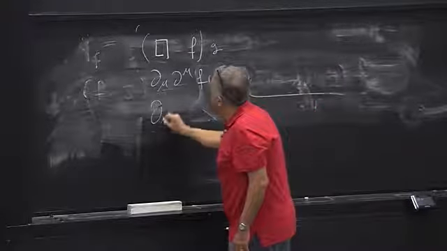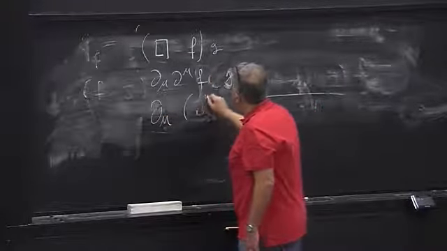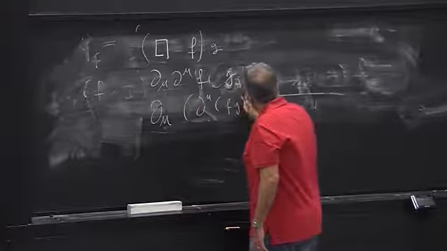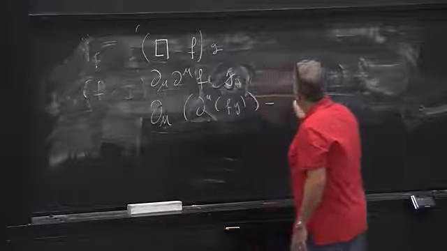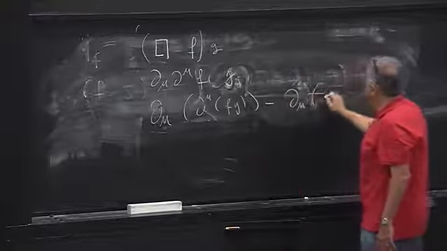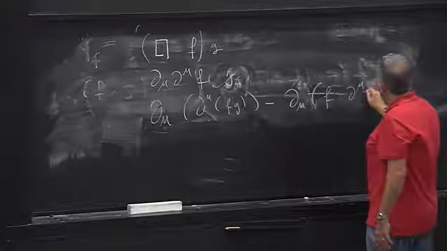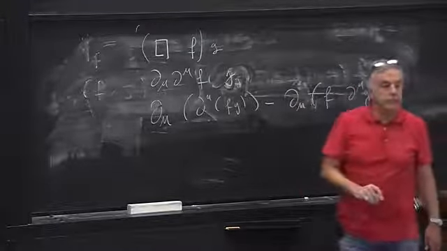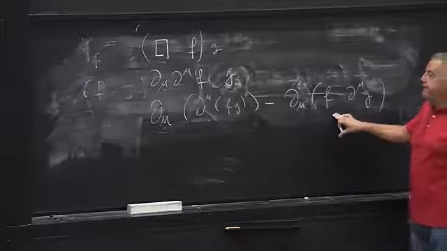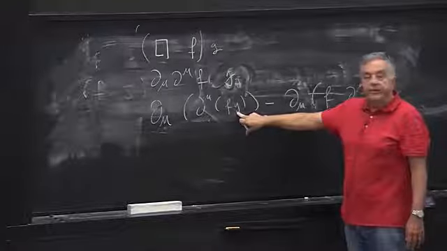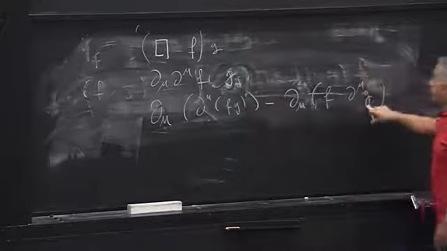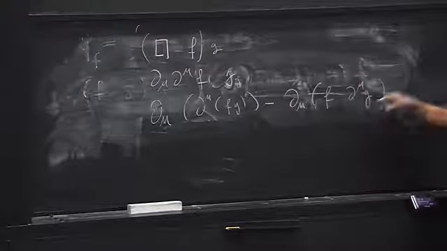This is equal to d mu of Fg minus d mu F d mu G. Do you see? I have just added the derivative of G and subtracted it. Okay?